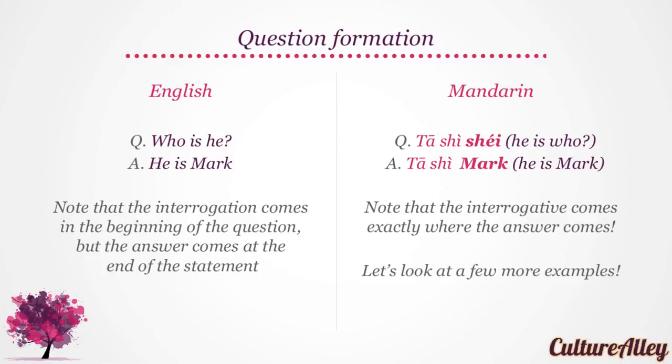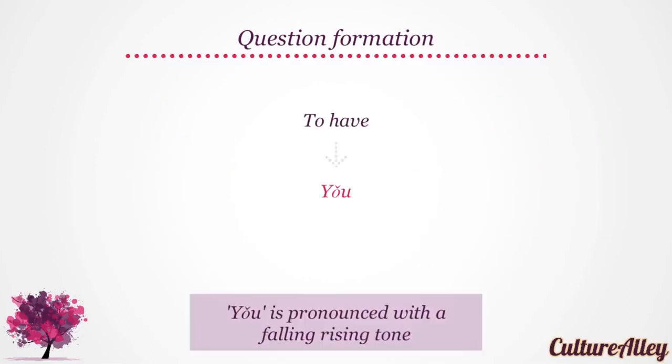Let's look at a few more examples to get the concept right. Let's start with the phrase to have. To have translates to 有 and is pronounced with a falling, rising tone. Let's hear you say 有. Good!